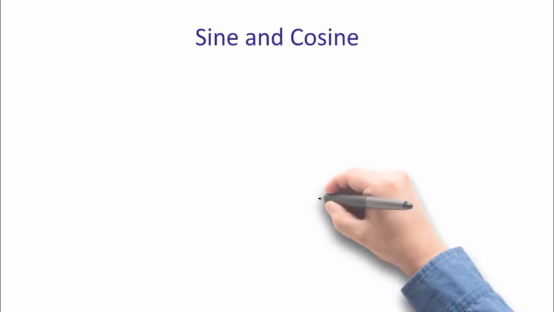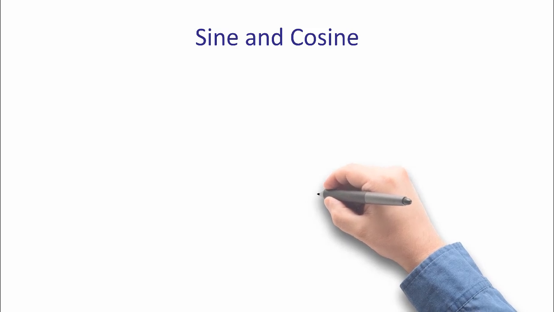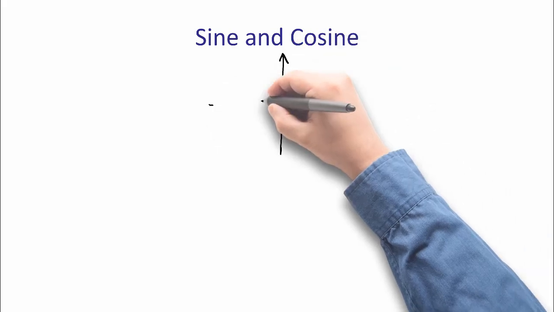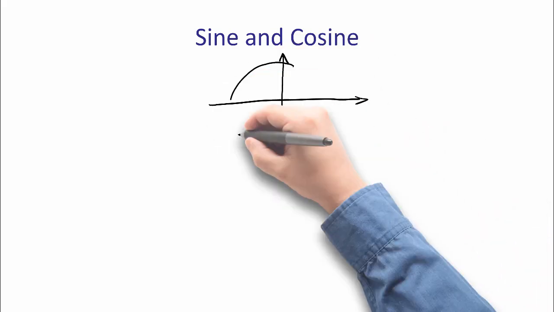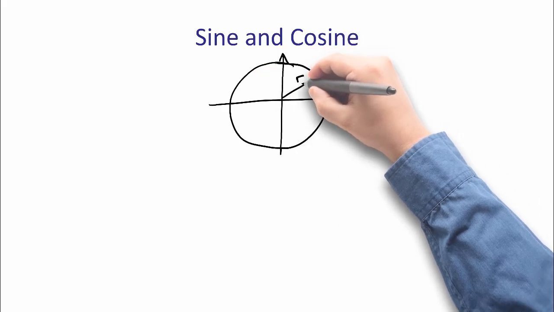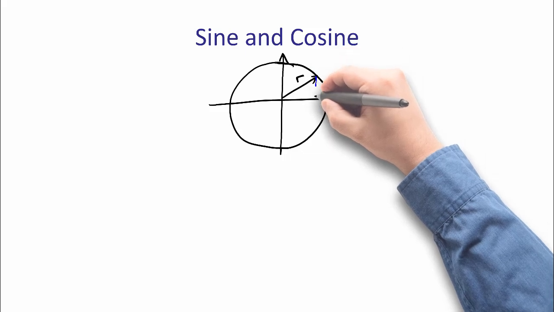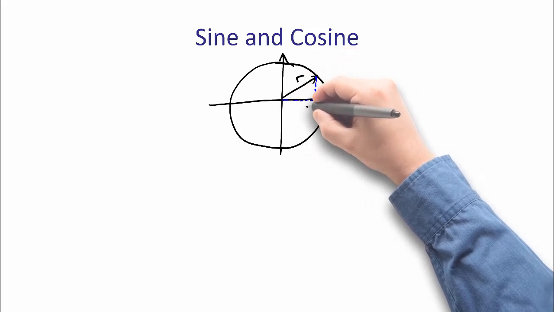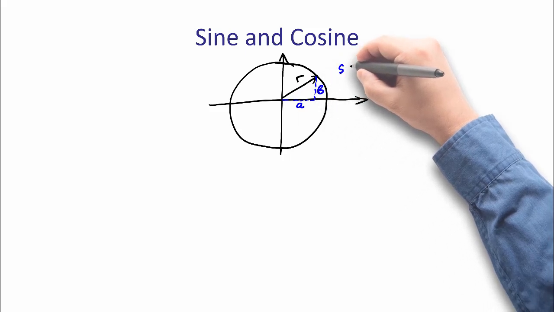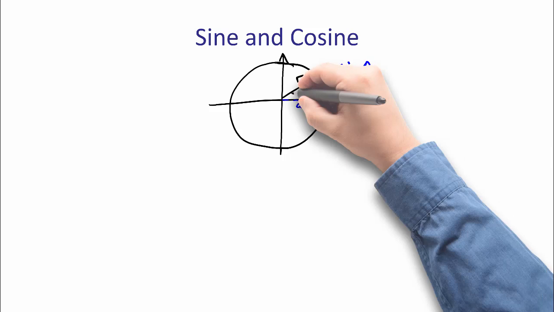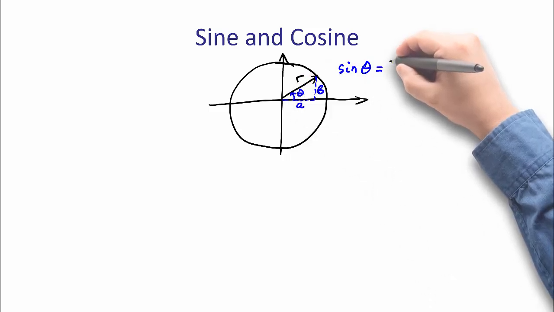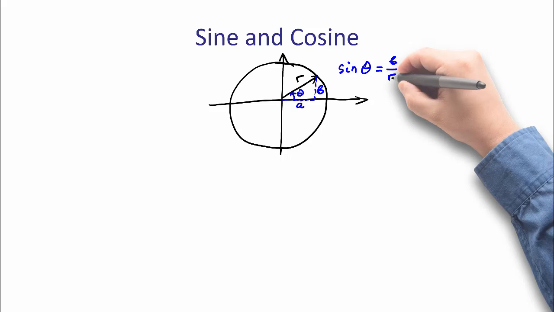I want to show you how sine and cosine functions look like. Let's start first with the definitions again. So we have that circle of radius r, and then we have here a and b. I want to remind you that sine of theta, which is here, equals b over r.